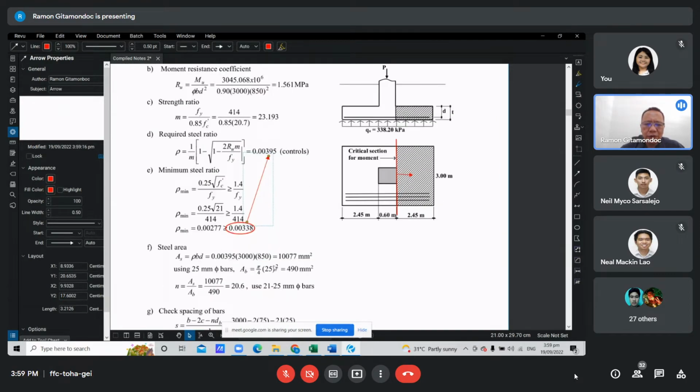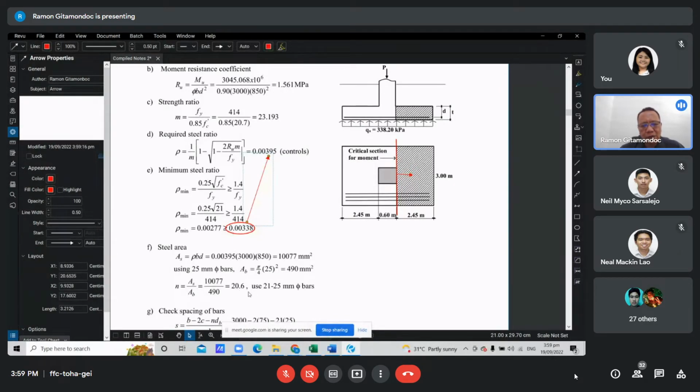After we get that, we choose the bar diameter. You can just try any bar diameter, like 16, 20, or 25 mm. The area of the bar will be pi over 4 times the square of the bar diameter, and we compute the number of bars by dividing the area required by the area of one bar.